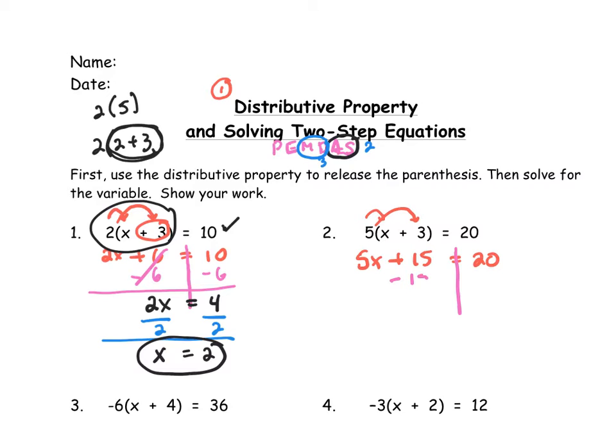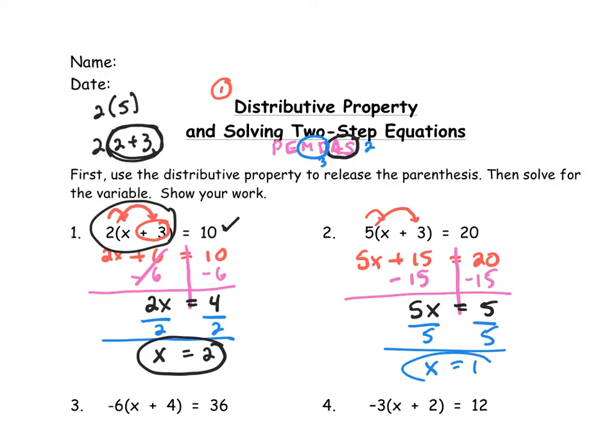We're going to take away 15 since we see adding 15. And that's going to leave us with 5x on this side and 5 on this side. What is our final solving step? Divide by 5, divide by 5, and the final answer is x equals 1.